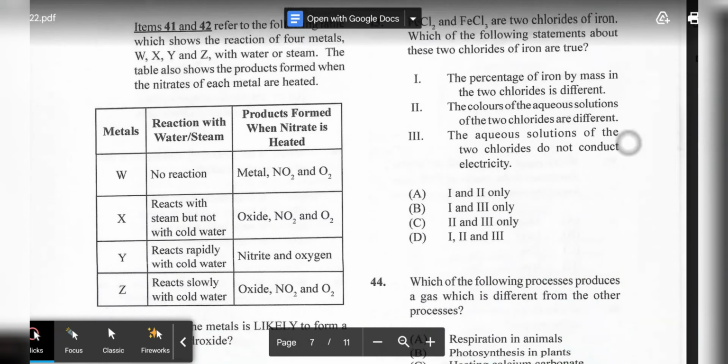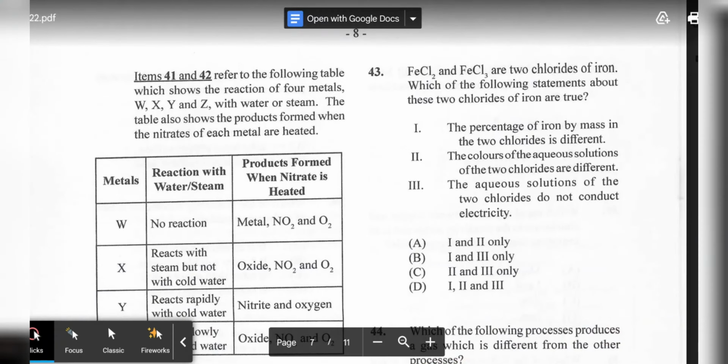Items 41 and 42 refer to the following table, which shows the reaction of four metals, W, X, Y, and Z, with water or steam. The table also shows the products formed when the nitrates of each metal are heated.